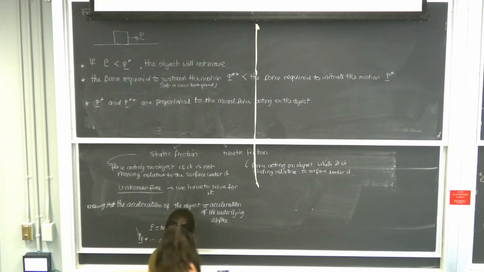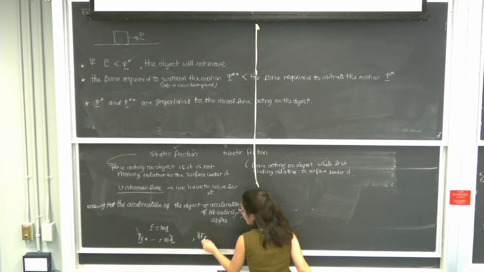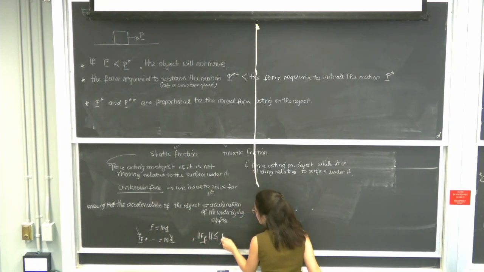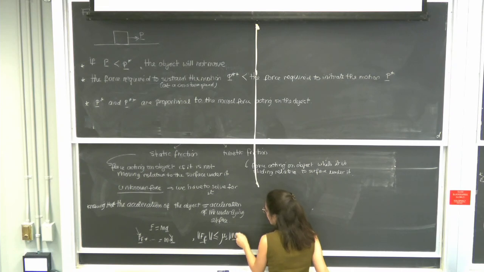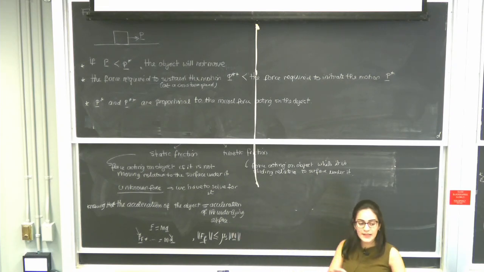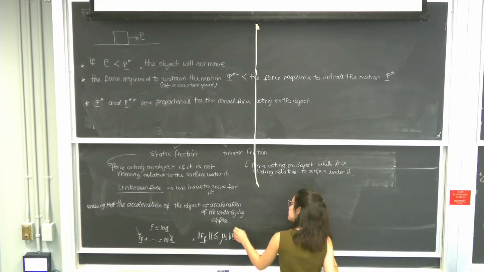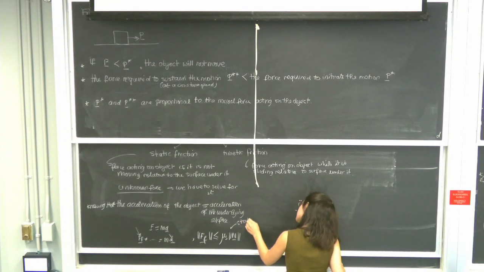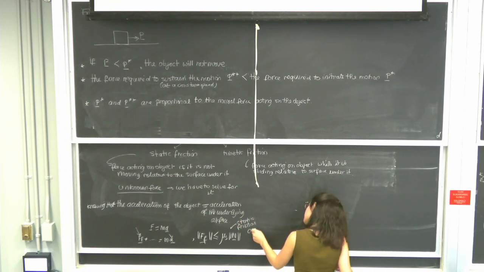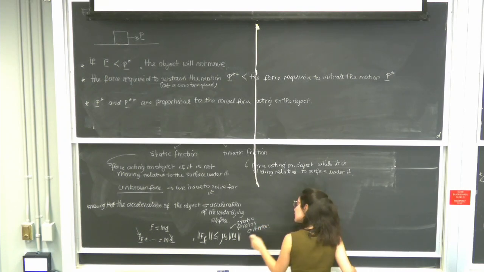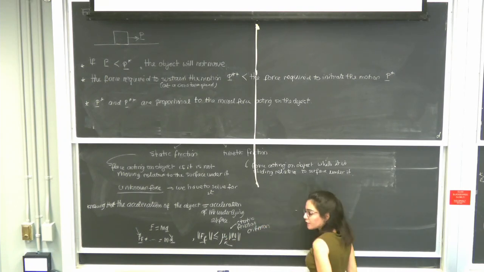The magnitude of the static friction force is less than mu s times N. This is called the static friction criterion. And mu s is the coefficient of static friction.